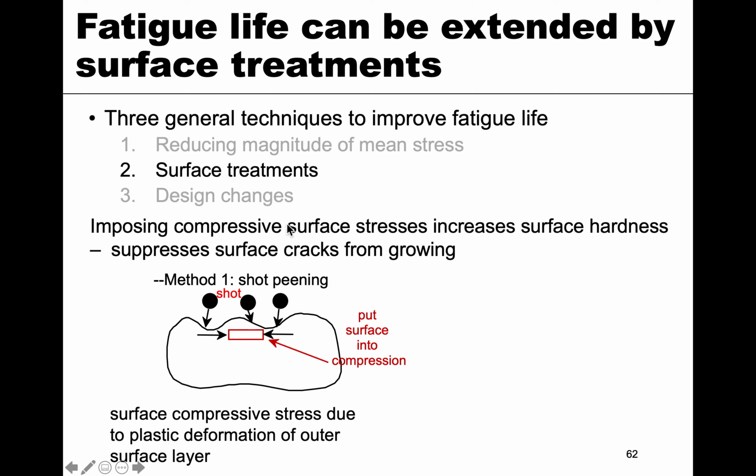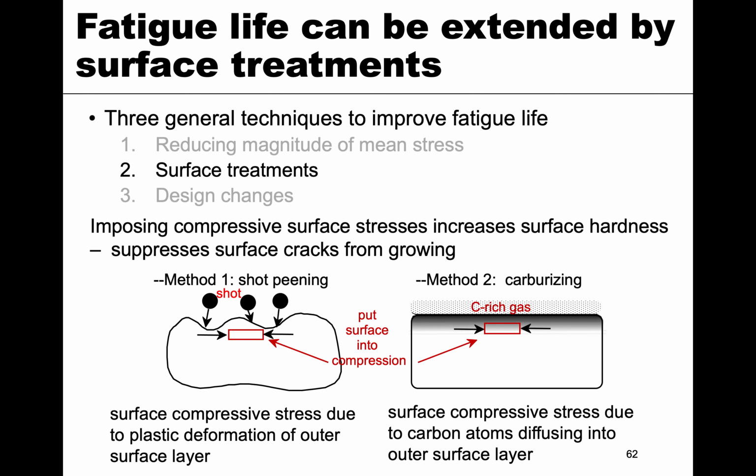We can use something like shot peening on more ductile materials. Carburizing works as well, where we flow carbon-rich gas over an alloy, which diffuses carbon into the surface. That increased carbon goes into interstitials, which, as you know, compress the area, so we create more surface hardness by carburizing a material.